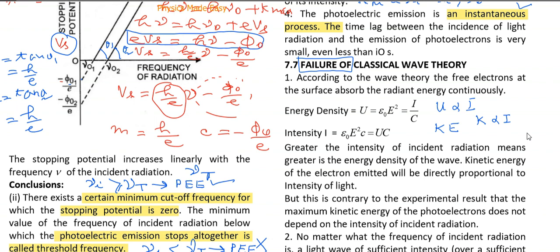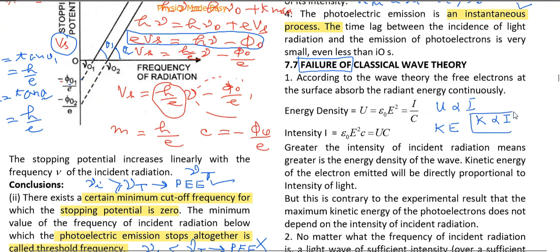But we have noticed that according to quantum mechanics, or according to laws of photoelectric emission, kinetic energy is directly proportional to frequency and not intensity. So according to classical mechanics this was expected, which was found to be wrong.